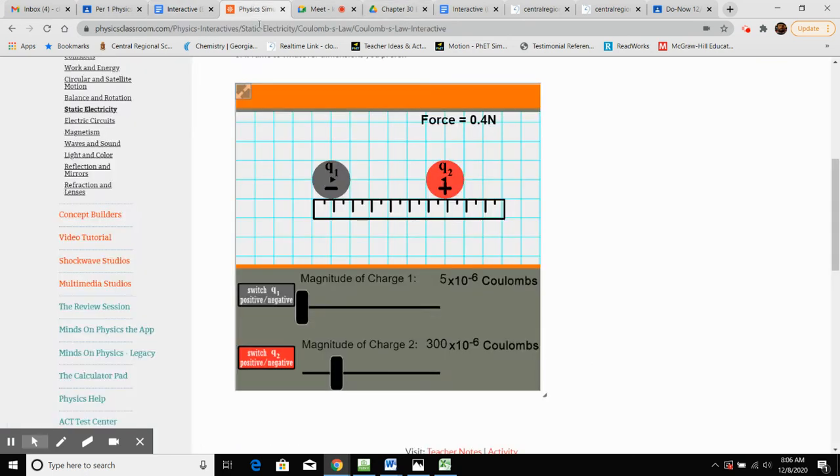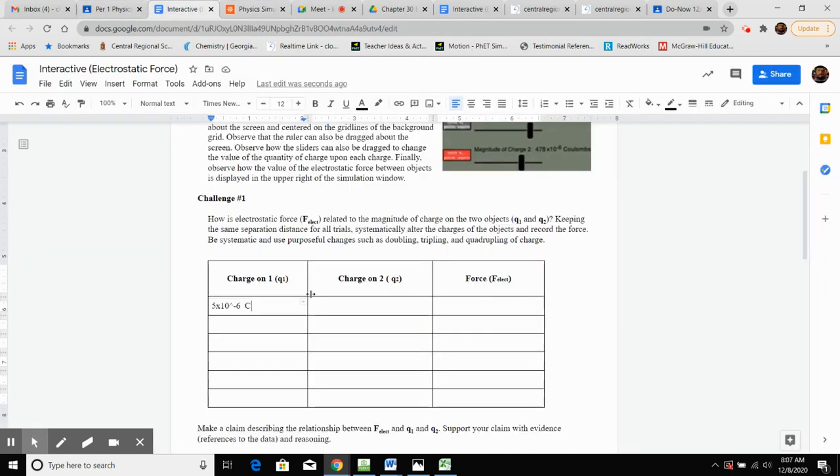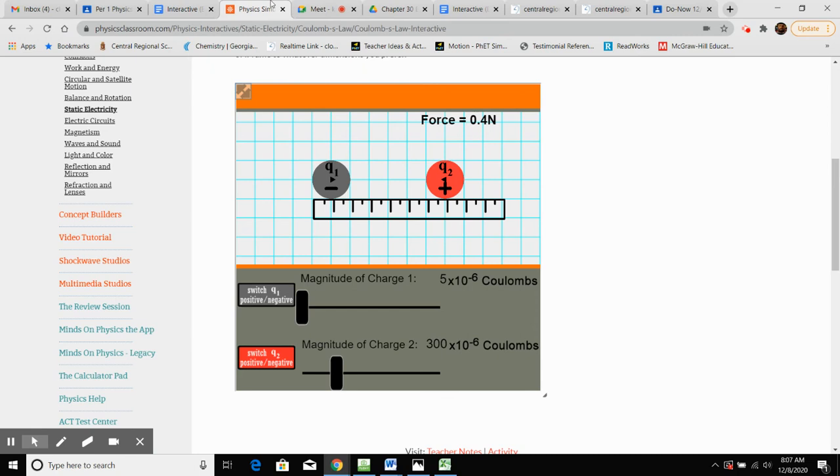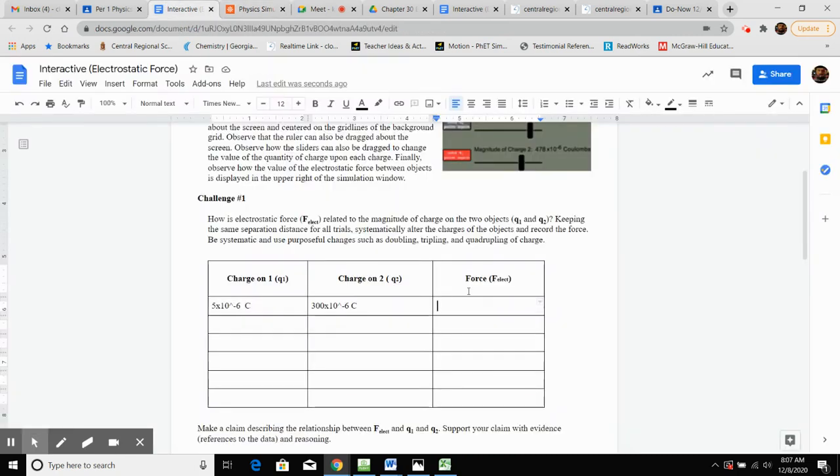Charge on Q2, 300 times 10 to the negative 6 coulombs. And then write down what the force is that they give us here, 0.4 newtons.